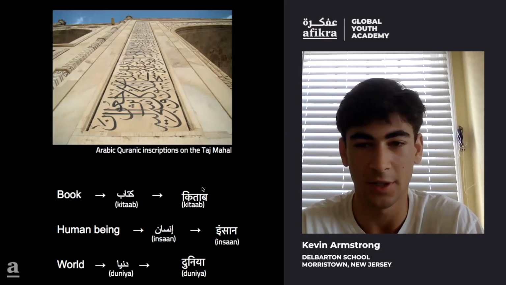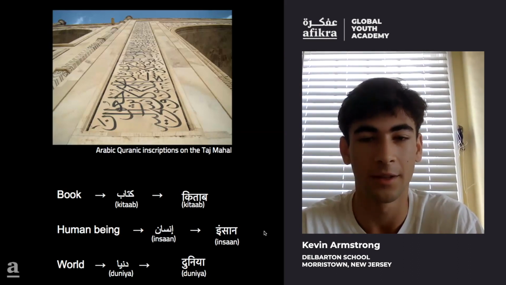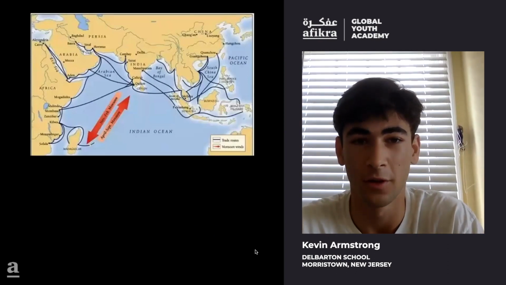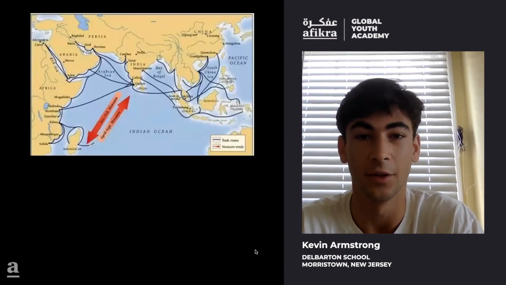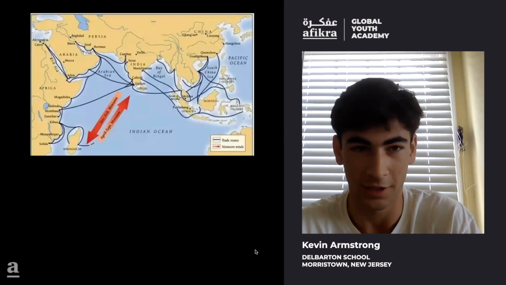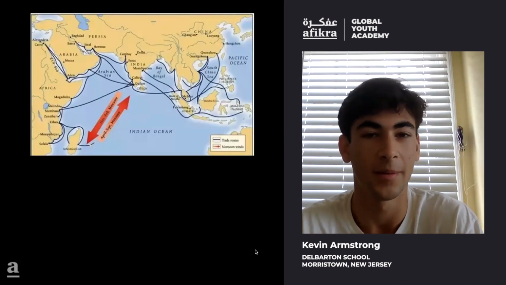And although it's a different alphabet, they are pronounced the same in Hindi. So another example of Islam playing a significant role in the spread of Arabic is in Indonesia and the Bahasa Indonesian language. Indonesia, despite not being an Arab country, has the largest Muslim population in the world, which is reflected by the language's similarity to Arabic.